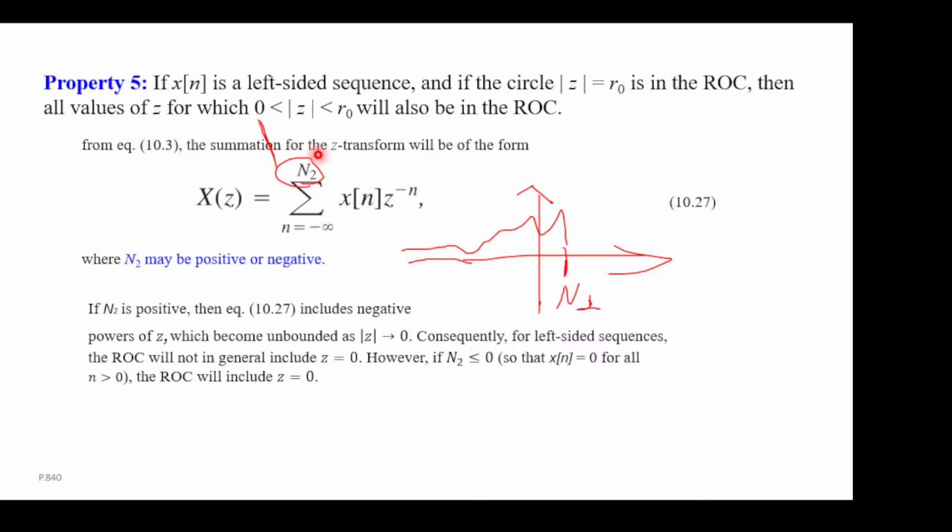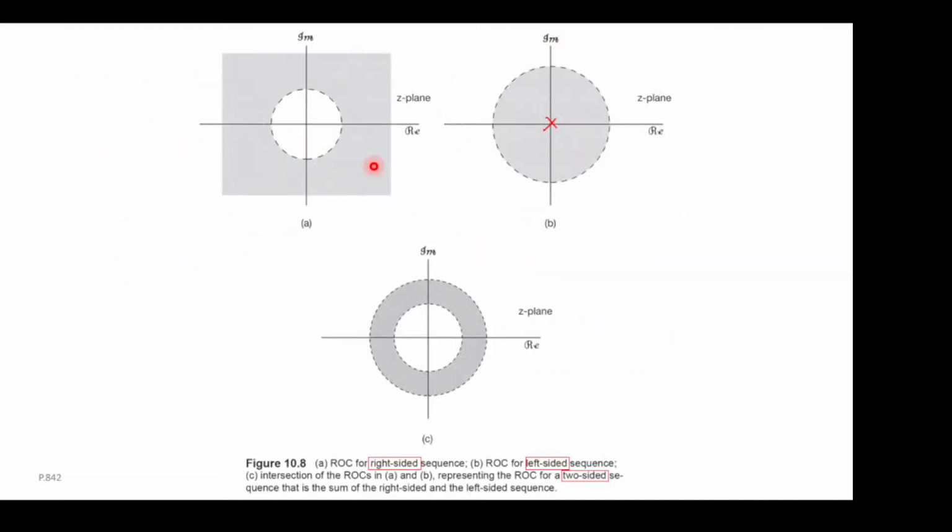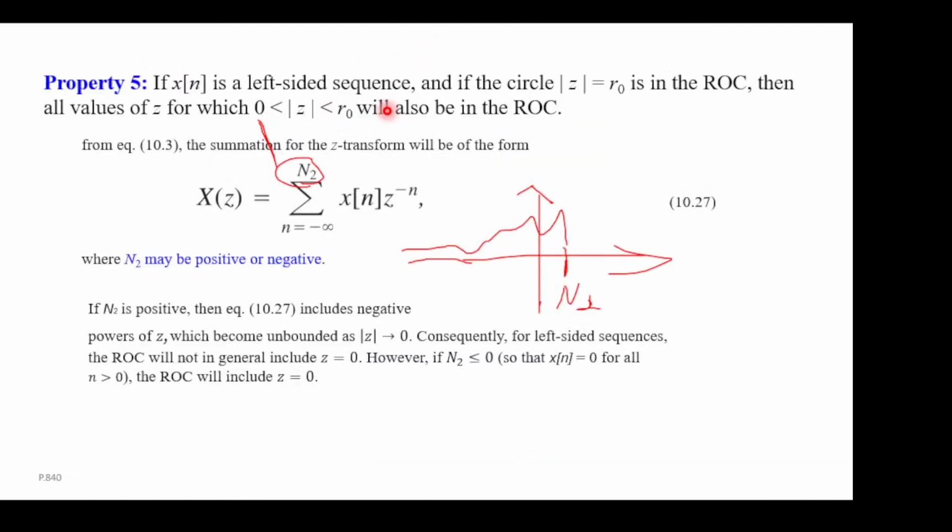So you sum up to some n2, and you should push your z to around 0. So if some R0 is in your ROC, then everything between 0 and R0 is in your ROC, so we push inside. But just like infinity might not actually be in the ROC, here 0 might not actually be in the ROC.